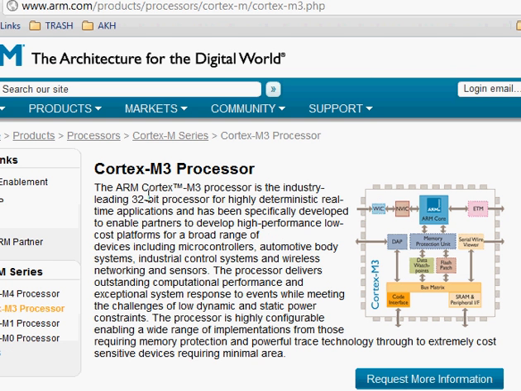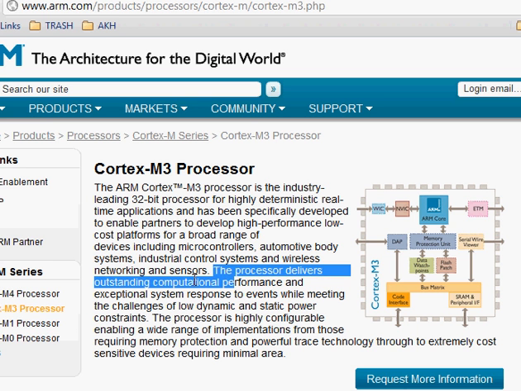See, the ARM Cortex M3 processor is the industry leading 32-bit processor for highly deterministic real-time applications, and has been specifically developed to enable partners to develop high performance low cost platforms for a broad range of devices including microcontroller, automotive body system, industrial control system, wireless networking and sensors.